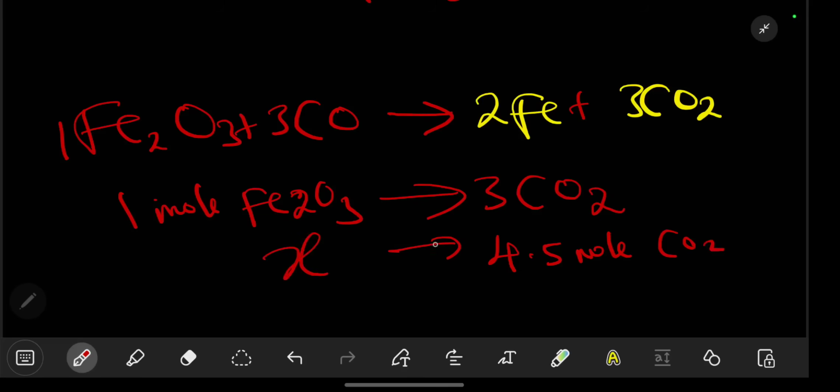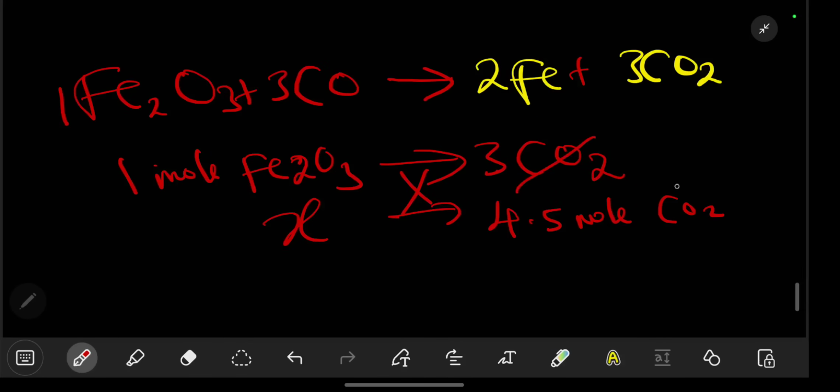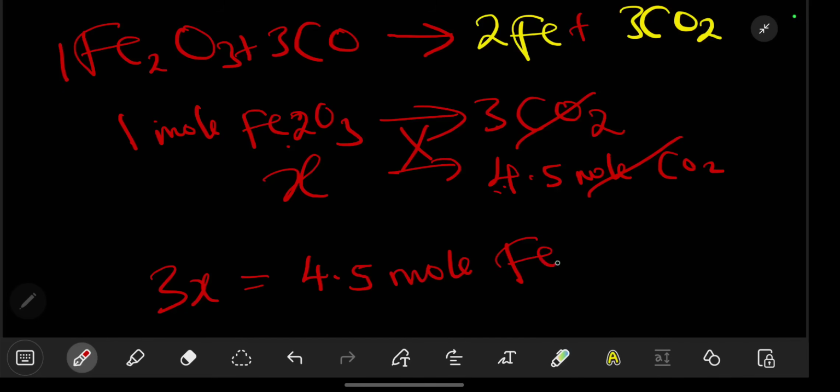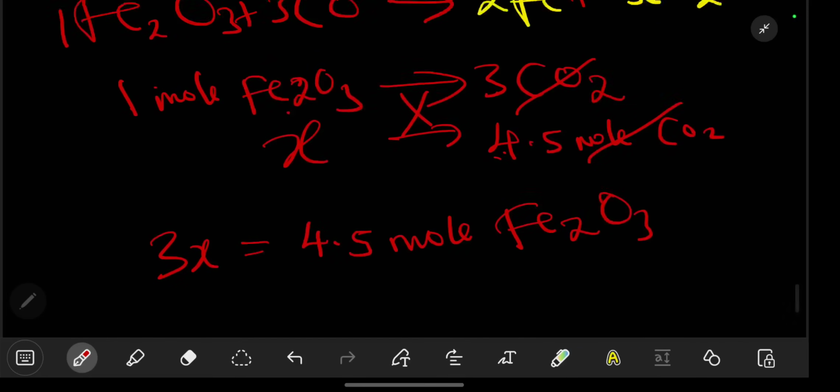Then this side you don't know, so cross multiply 3 times x. Carbon dioxide will cancel, so we have 3x equal to 1 times 4.5, and 4.5 times 1 is 4.5. Then you add the mole of Fe2O3.